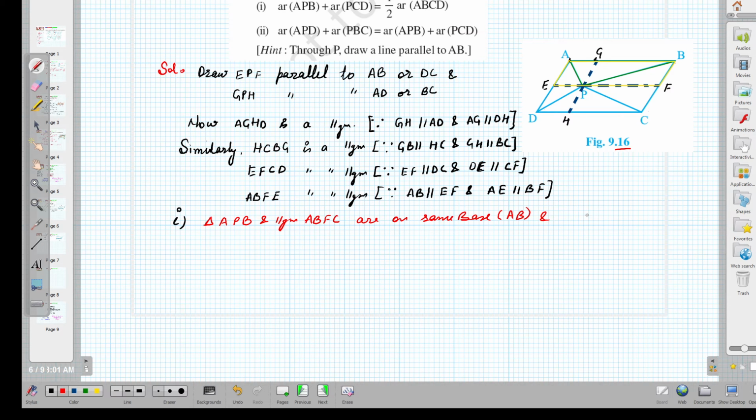And lie between the same parallel line, right? तो अगर ऐसा है तो एरिया ऑफ द ट्राइंगल APB, that is equal to half of the area of quadrilateral, that is ABFE, ऐसे हम लिख सकते हैं, right?